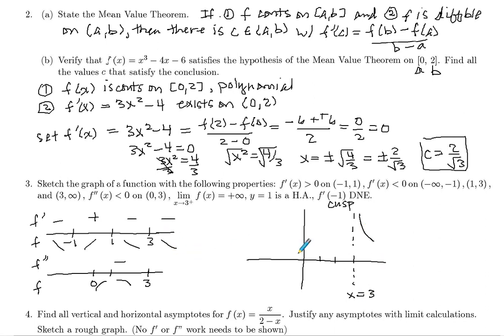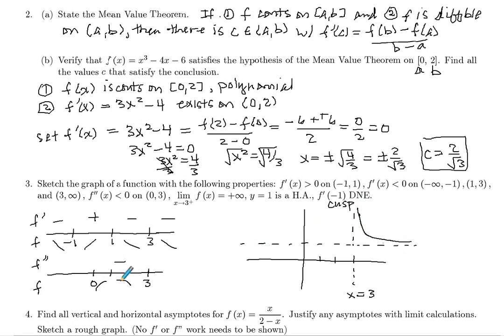It's decreasing after 3, so this is decreasing. Also, y equals 1 is a horizontal asymptote, so you've got a horizontal asymptote like this. So why don't we just make this guy taper off to y equals 1. Maybe we could do a better job than that. There we go. So we got our horizontal and we got our vertical asymptote.